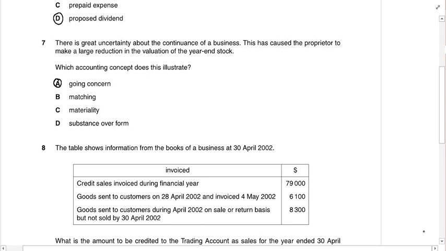We know pretty well that the matching concept deals with the recognition of events and transactions in the period to which they relate. Materiality is about how important amounts are in terms of their treatment and presentation. Right, substance over form states that we take the commercial reality of a transaction instead of its strict legal form.